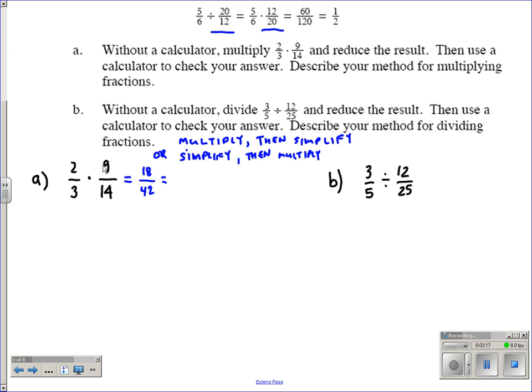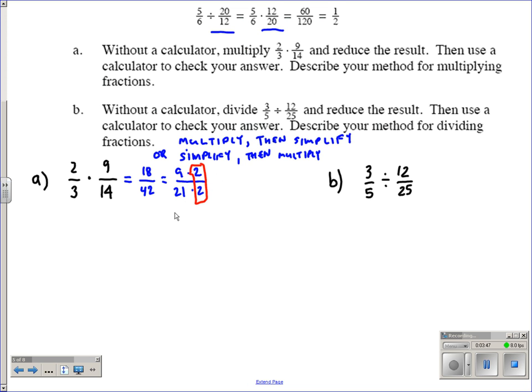We did 2 times 9 to get it, so that's the same as 9 times 2 over, how many times does 2 go into 42? That's 21 times 2. Because this expression has a factor divided by itself, we know that is the same thing as 1.